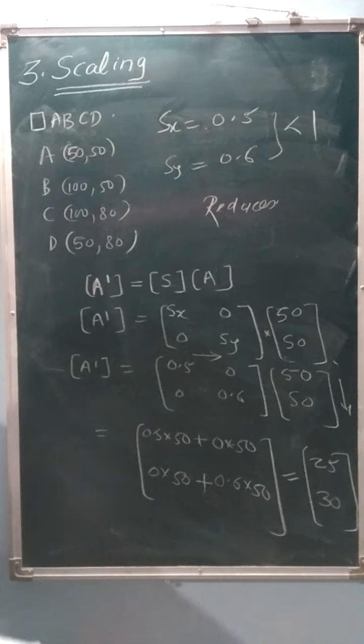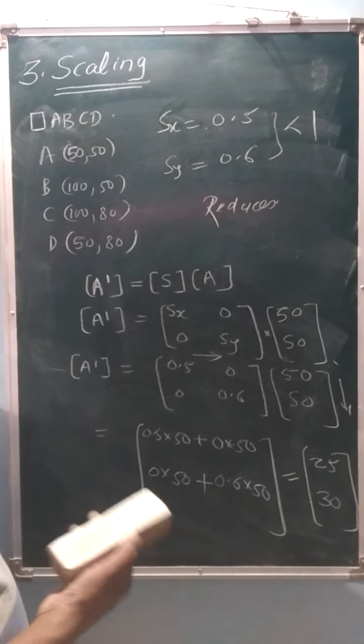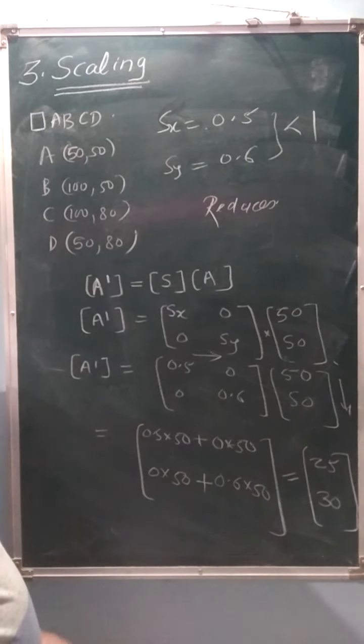Similarly, we can find the scaled coordinates of B dash, C dash and D dash.